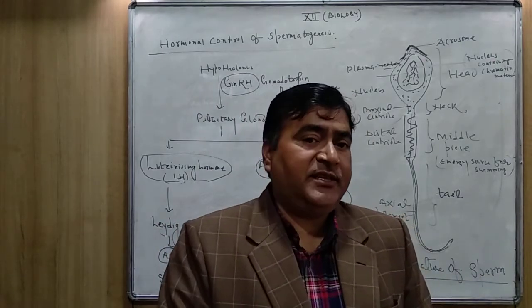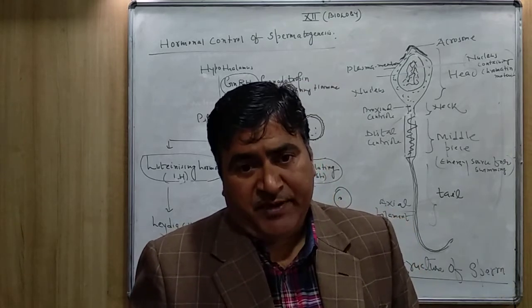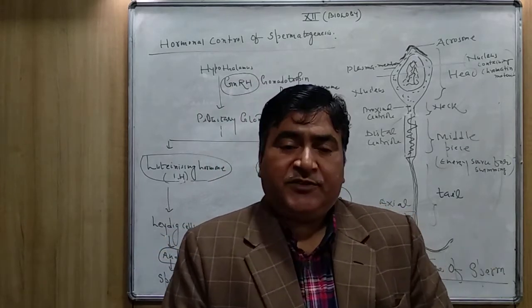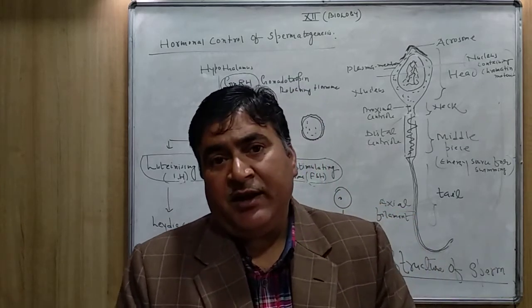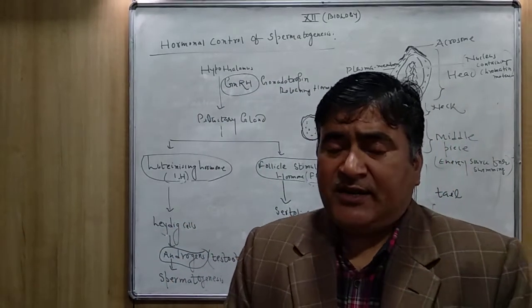The tail helps in the movement as it beats, and the sperms are able to move from one place to another inside the female reproductive tract.